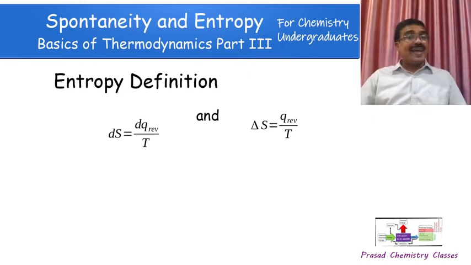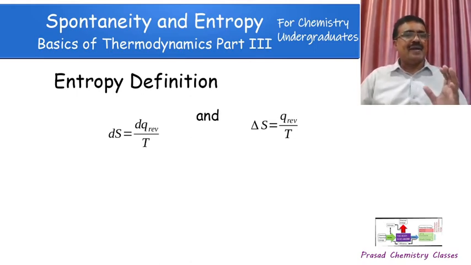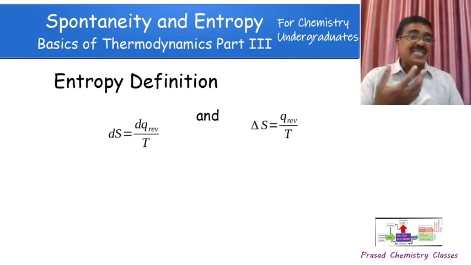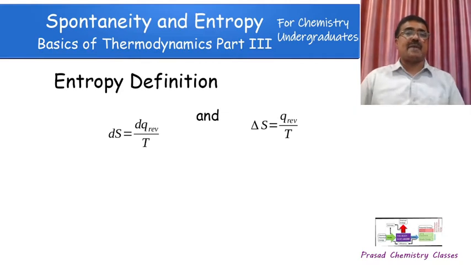Here we are defining not absolute entropy, but the thermodynamic entropy, given as the change in entropy: dS is equal to dq reversible by T. We are considering an infinitesimally small process. dq reversible is the heat reversibly absorbed in that process divided by the temperature at which the process happens.